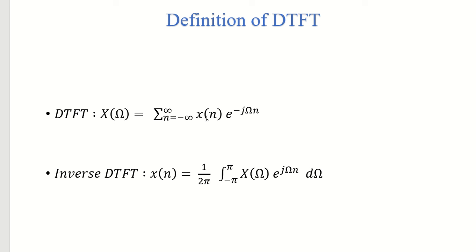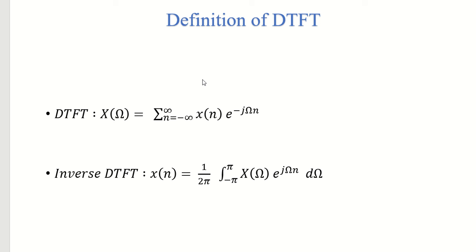And if you want to define your x of omega, you can call it the spectrum of your discrete time signal. Even if my x of n is discrete, its spectrum will always be continuous, which means x of n can have all the frequencies from minus pi to pi.